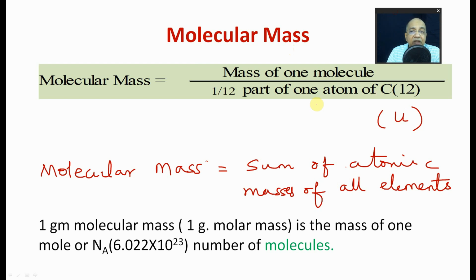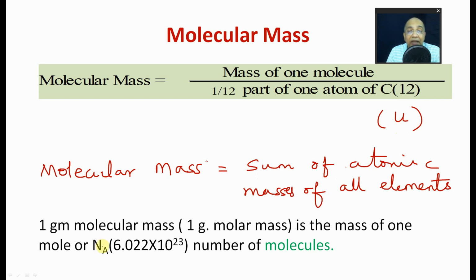The denominator is same as atomic mass, but in the numerator we have the mass of one molecule, right? So the unit is also u or Dalton or amu. And you know how to find molecular mass. You add the atomic masses of all elements present in that formula. That will give you the molecular mass.